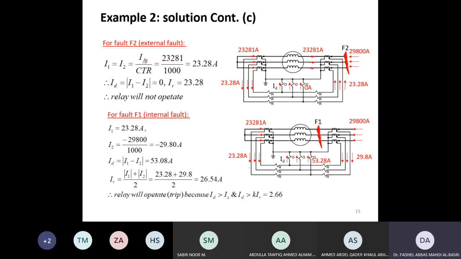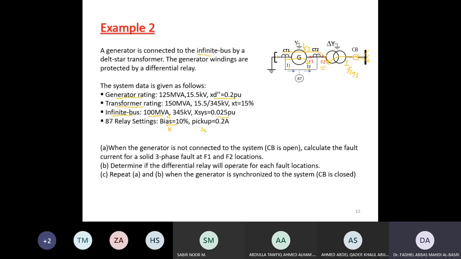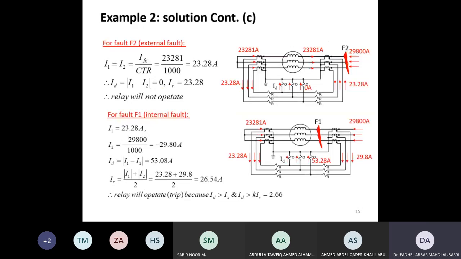Okay. Now for each case, our scenario for fault at F2, fault at the end, after the CT. So this corresponds to here.